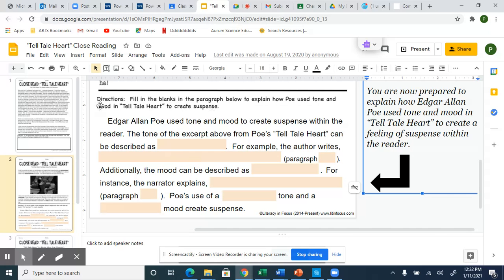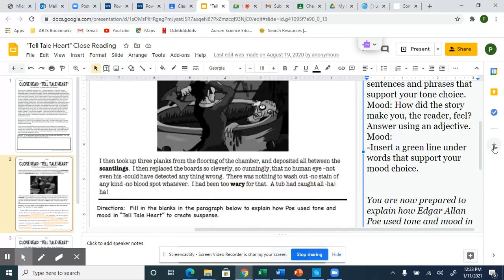All right, so Edgar Allan Poe used tone and mood to create suspense within the reader. The tone of the excerpt above from The Tell-Tale Heart can be described as, well, "I then took up 3 planks from the flooring of the chamber and deposited all between the scantlings.